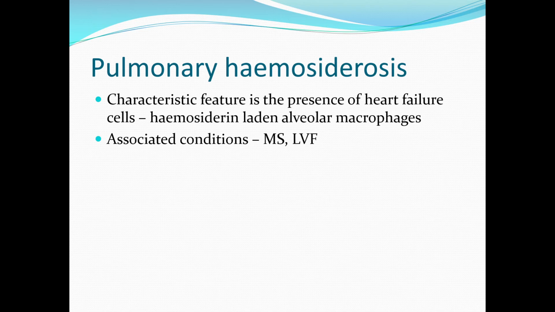Now pulmonary hemosiderosis is again a terminology you have to cover. The characteristic feature is the presence of heart failure cells, that is hemosiderin laden macrophages, usually found in the lung. So this is again an example of pulmonary hemosiderosis. Remember, alveolar macrophages are also known as heart failure cells, which are the hemosiderin laden alveolar macrophages.